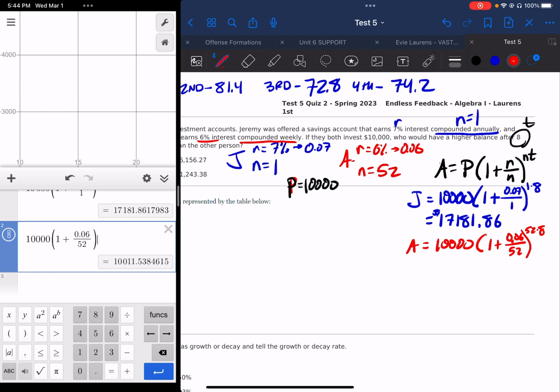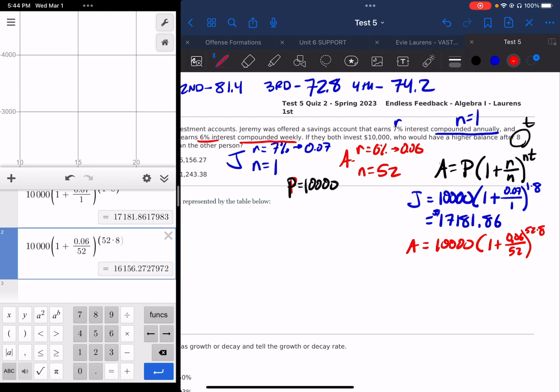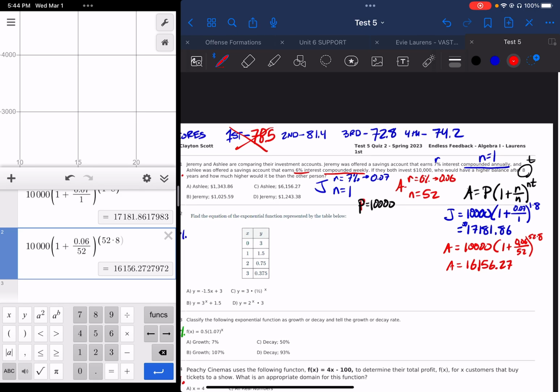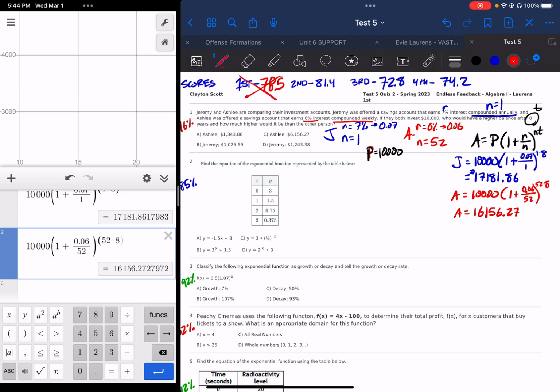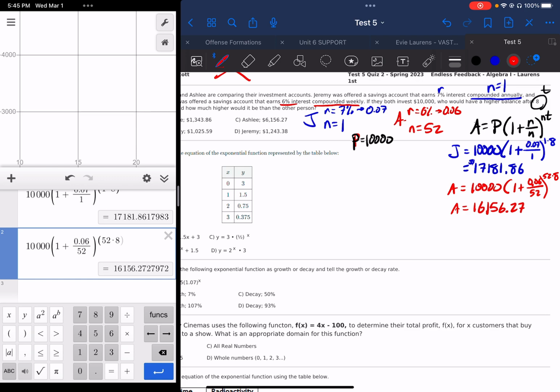And then we have to raise this whole thing to the power of 52 times 8 years. And Ashley, although she is probably doing really well with the compounding, is only going to have $16,156.27 after 8 years.